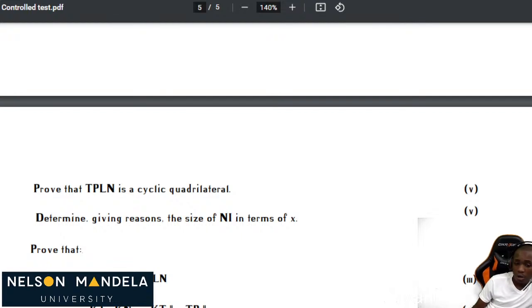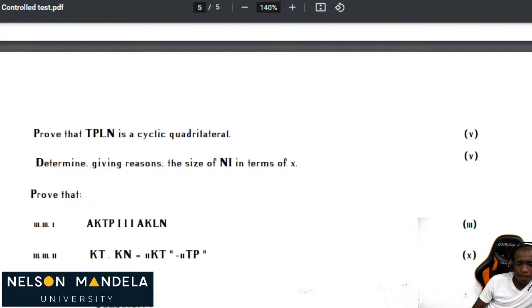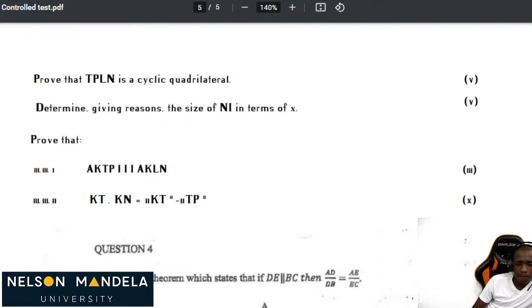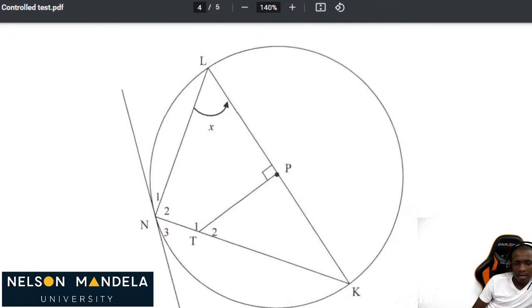Okay, so now we see that we already know N2, right? So we can just say that angle L plus N2 plus angle K is equal to 180 degrees, sum of angles of the big triangle there, which is triangle NLK.